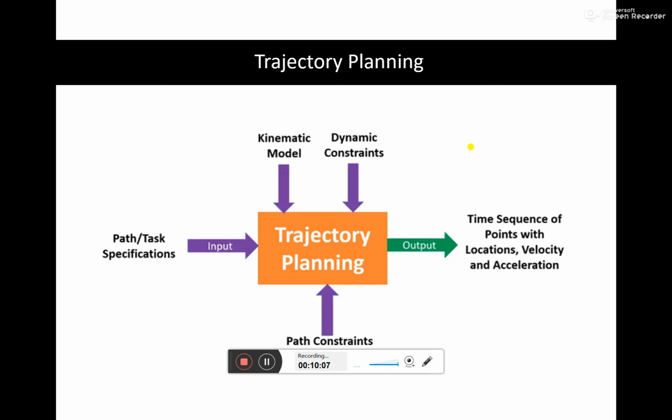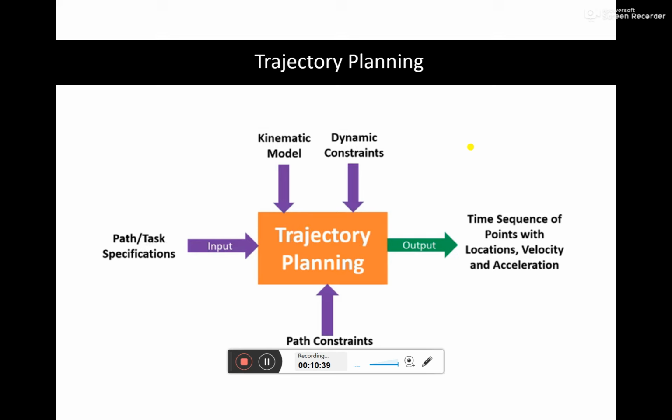In trajectory planning, as already mentioned, in path planning we only see the position, like the different x movement, y movement, and z movement, and the configuration of our particular robot. Based on that we decide what type of movements it will perform, give the input, and accordingly you can program.